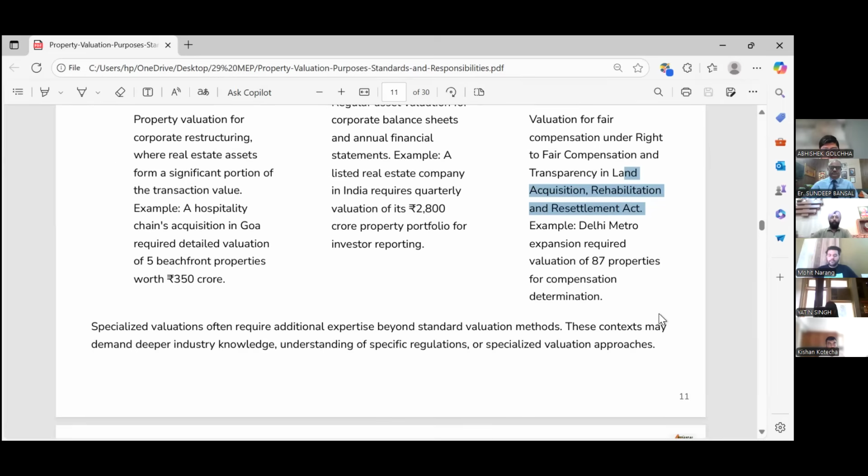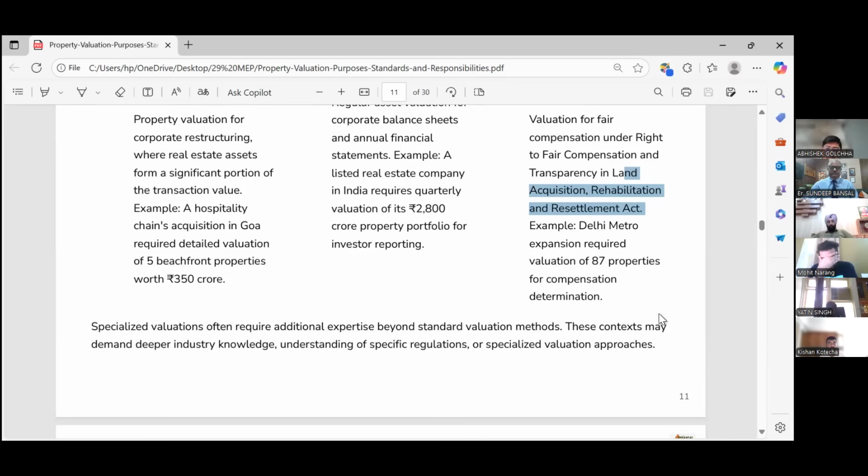So here, when you are doing valuation for specialized purposes, they require additional expertise beyond your standard valuation method. Here you may need deeper industry knowledge, understanding of specific regulations, and specialized valuation approaches.